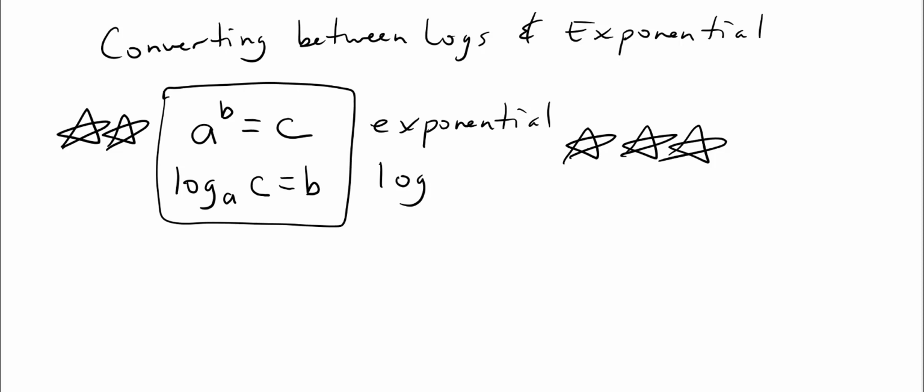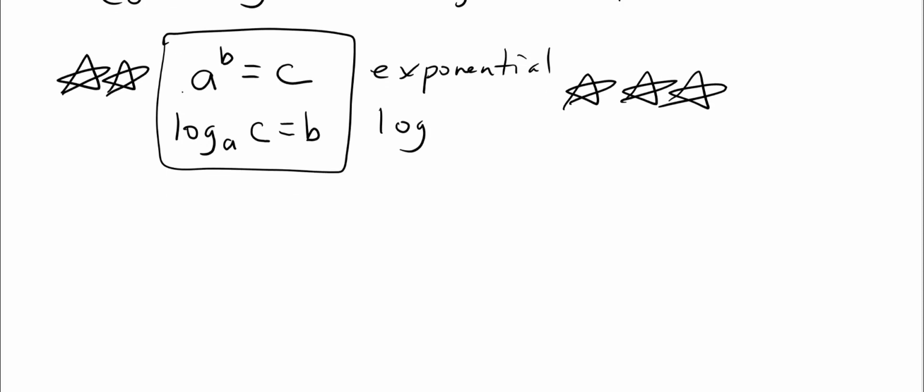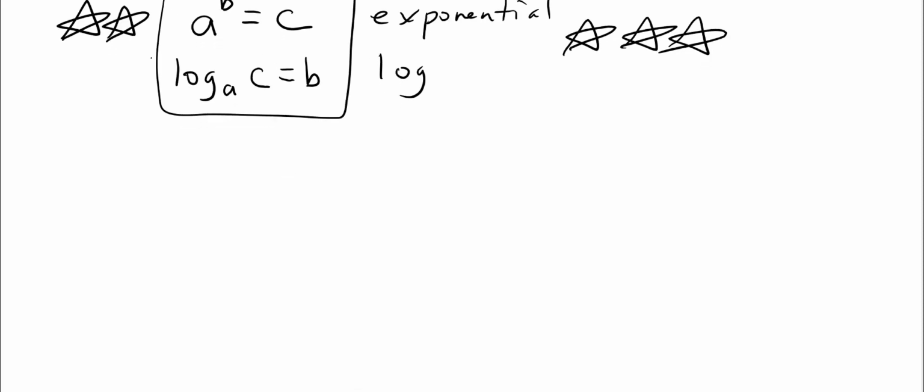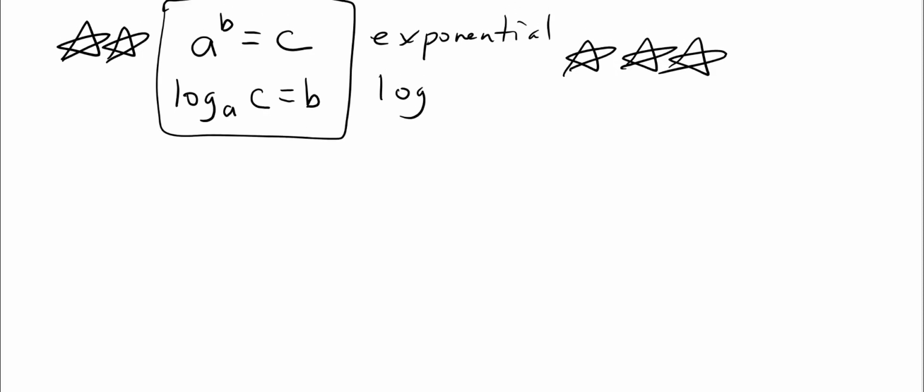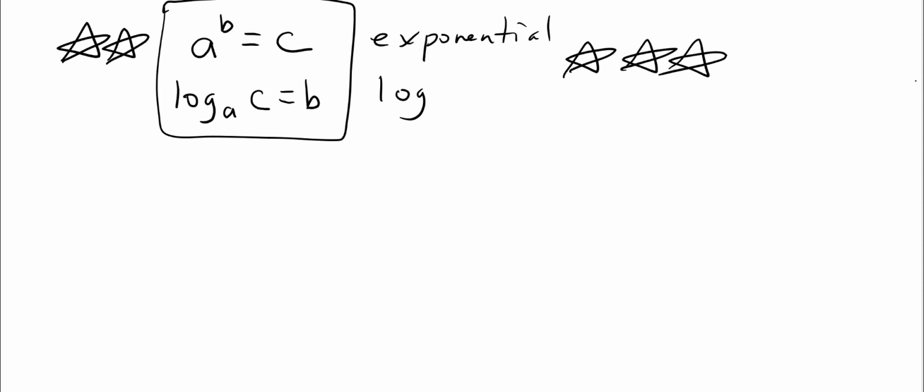Because let me just give you some examples. So I'm going to try and fit a lot of stuff here. Okay. So if I write 2 to the 5th power is equal to 32, and I ask you to convert it to log, look at the letters.